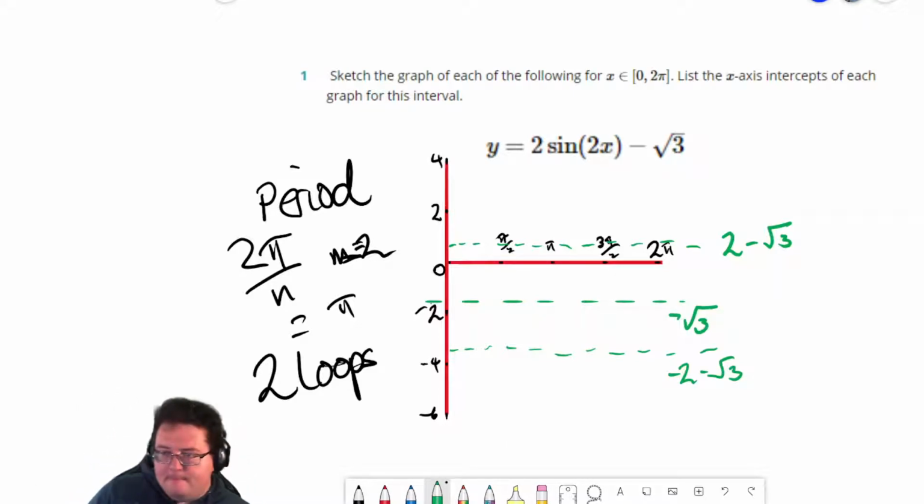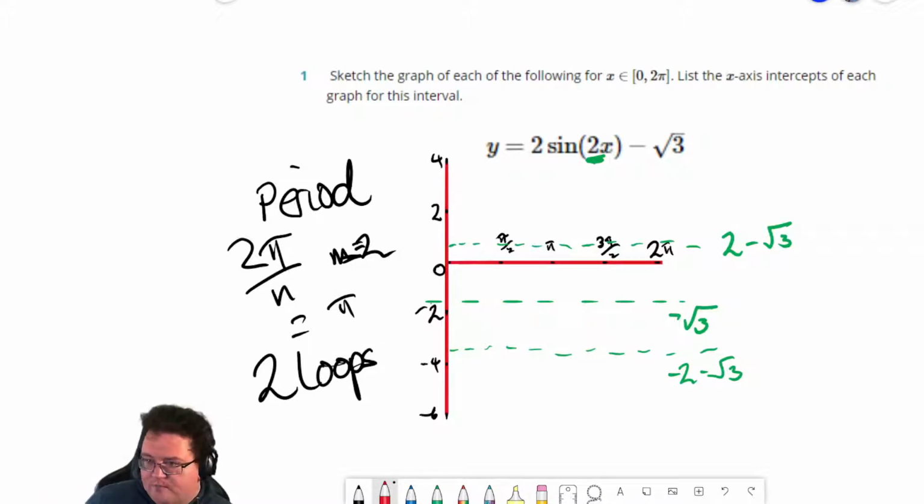Now, the only question that's left is to work out where my graph peaks and where it bottoms out. The important thing to remember is that the 2 is going to mean that my graph repeats twice inside my pattern here.